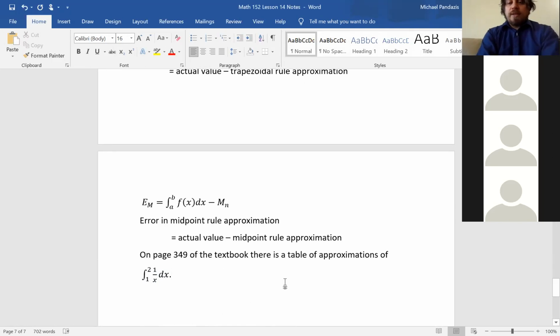So you can look at that table and see values of approximations.